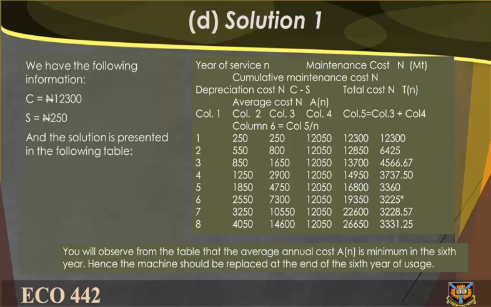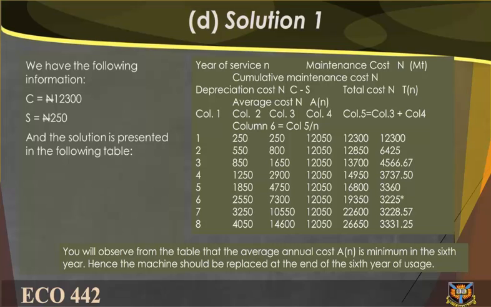Year 1: 250, 250, 12,050, 12,300, 12,300. Year 2: 550, 800, 12,050, 12,850, 6,425.